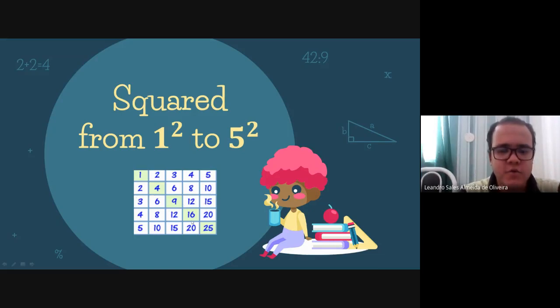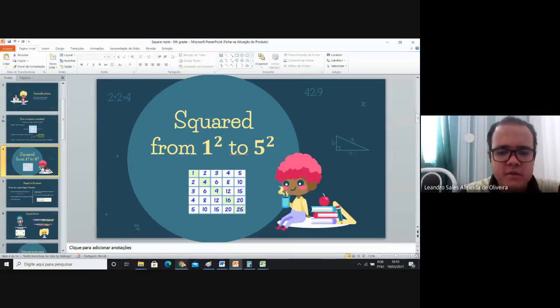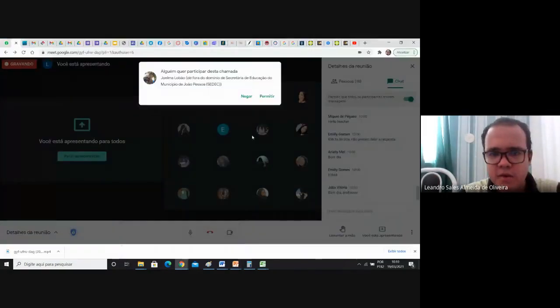And we can continue. Pay attention. On the diagonal, on the square, are the squares. 1 squared is 1, 2 squared is 4, 3 squared is 9, 4 squared is 16, and 5 squared is 25.